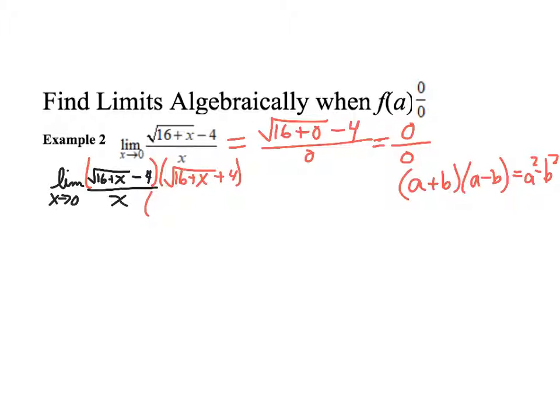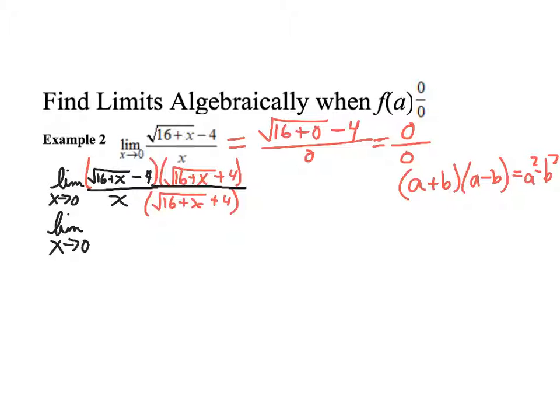And then in the bottom, we're going to write the same thing again. Now here's where I have advice for you. Just leave the bottom the way it is. Don't multiply out the bottom. Just do the conjugate in the top.